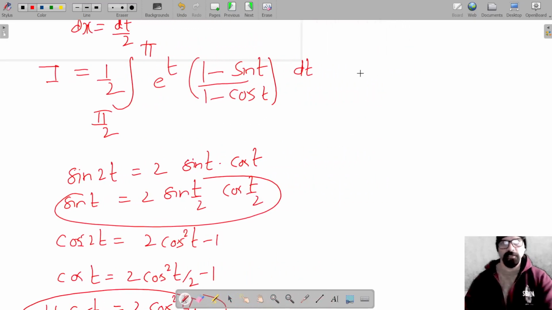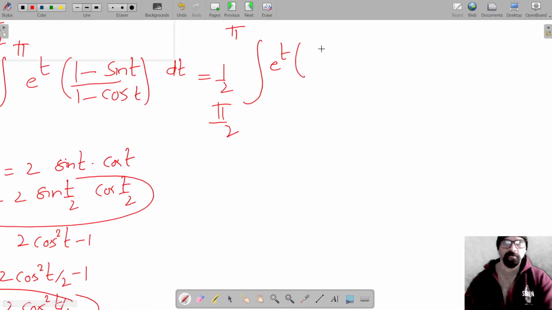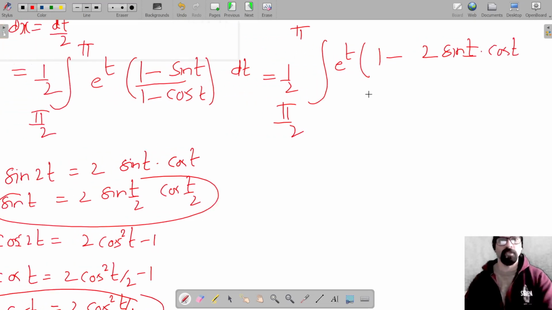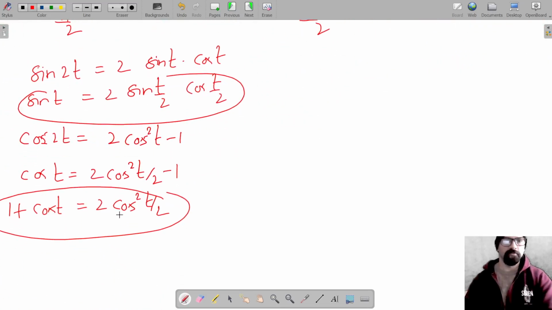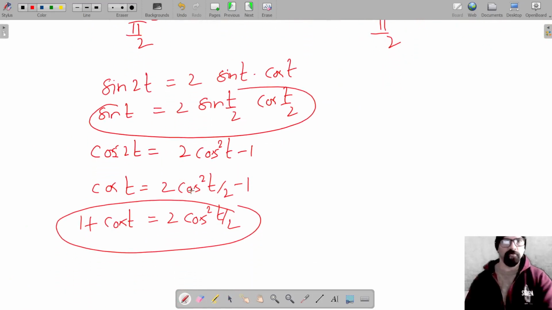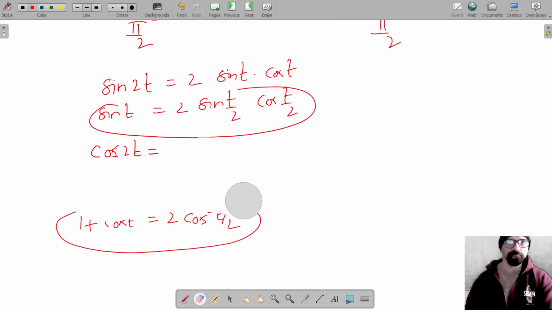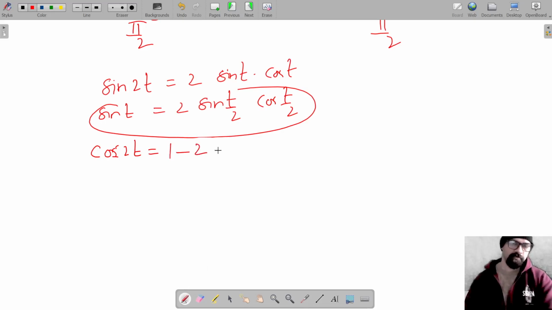So our integral now becomes half the integration from pi by 2 to pi of e raised power t, and here I can write 1 minus 2 sine t by 2 cos t by 2, and for 1 minus cos t, let's take the other form, cos t is equal to 1 minus 2 sine square t by 2.